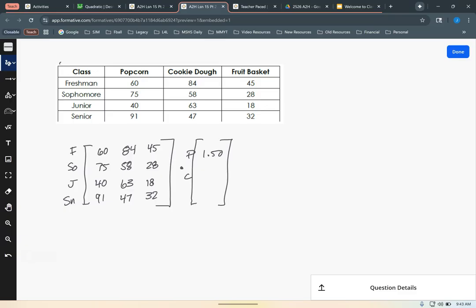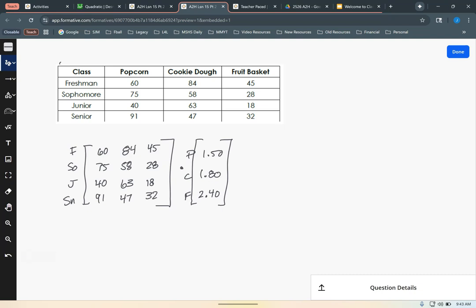Okay, so how much is that? $1.80. Okay, good. All right, and what is their profit on the fruit baskets? How much? $2.40. Okay.